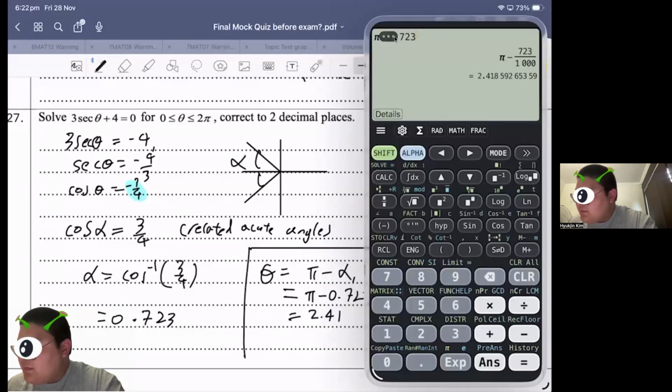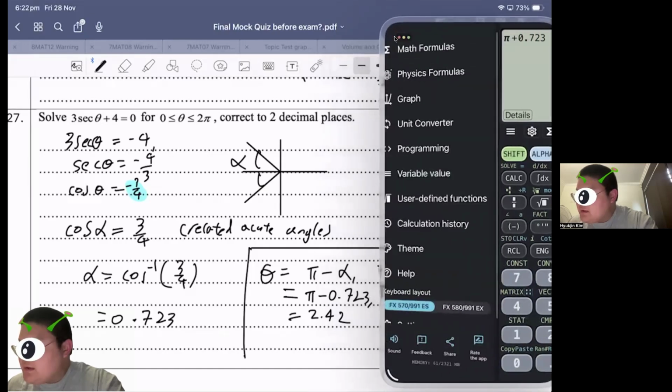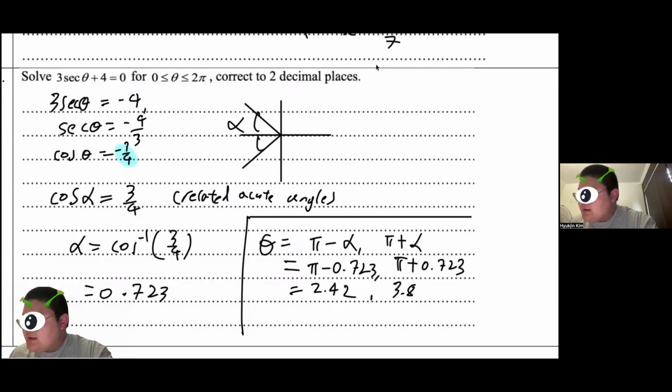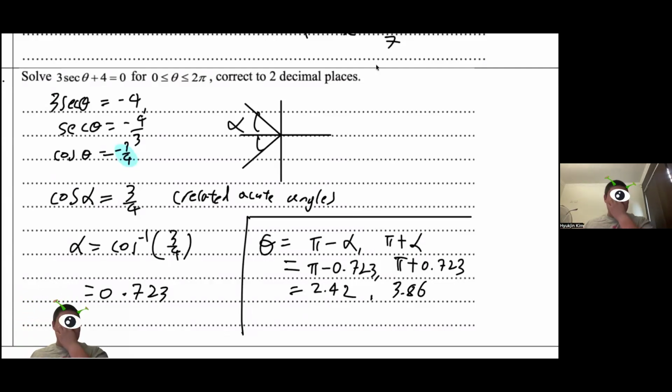Oh, actually, it is two decimal places, 2.42, and pi plus 0.723 is 3.86. And those are my two answers. When the answers are a bit ugly and it's not a nice number, that's okay. It just becomes decimals. Make sure to keep everything as radians, okay?